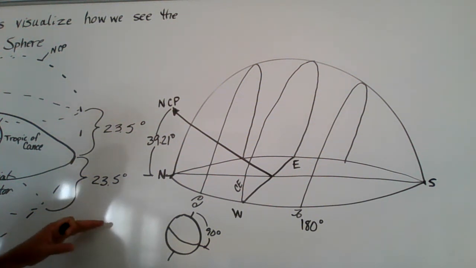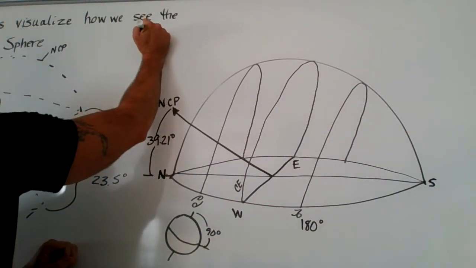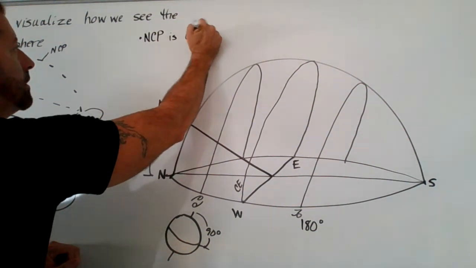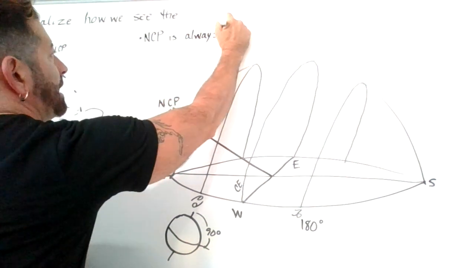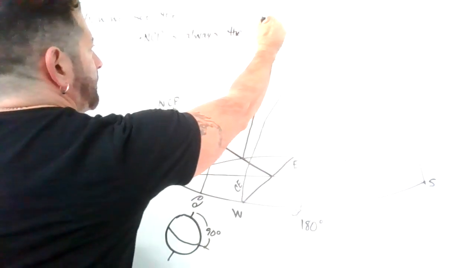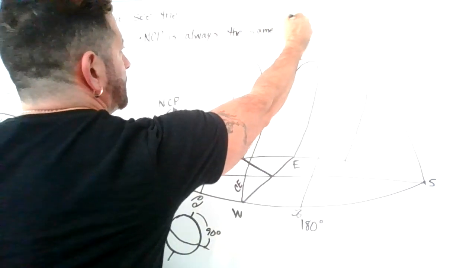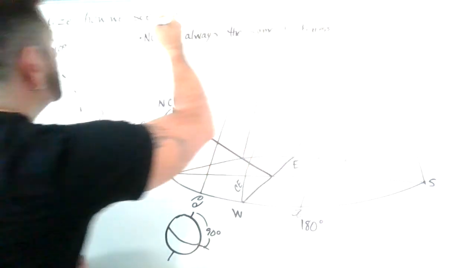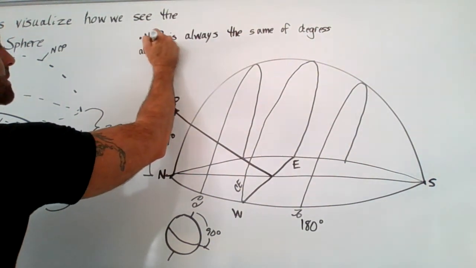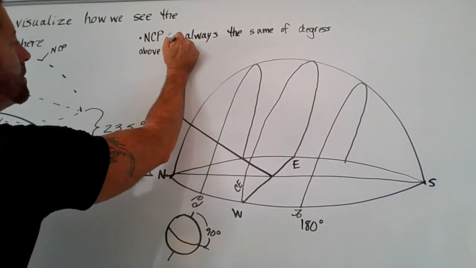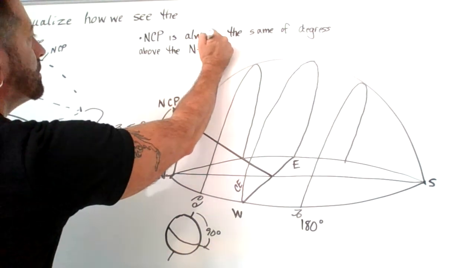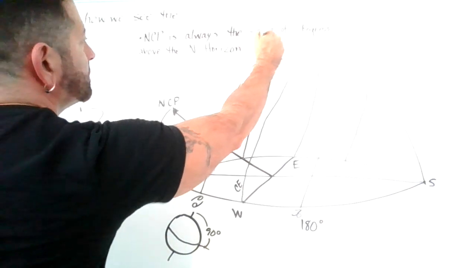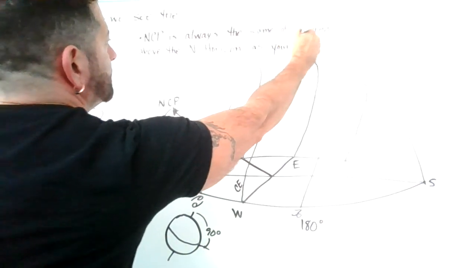Remember, your north celestial pole, the NCP, is always the same amount of degrees above the northern horizon as your latitude.